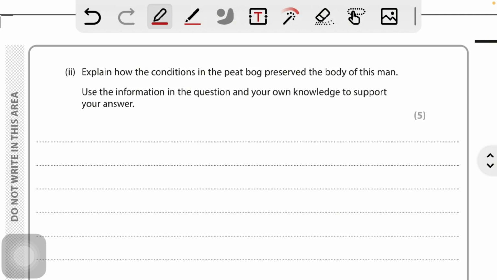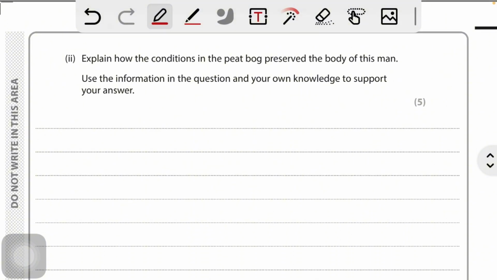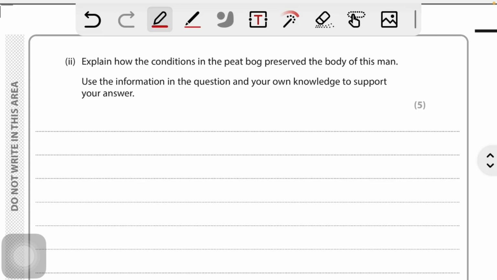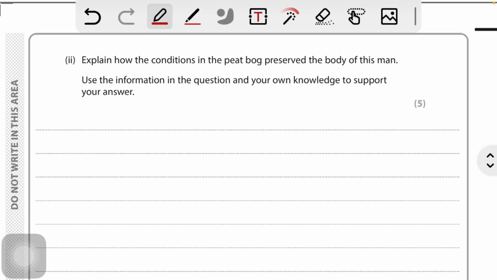The peat bog had a low pH, an acidic condition, which was not suitable for bacteria to grow or for enzymes to function properly. The bog also protected the body from insects and animals that could have destroyed it. So let's see the answer.